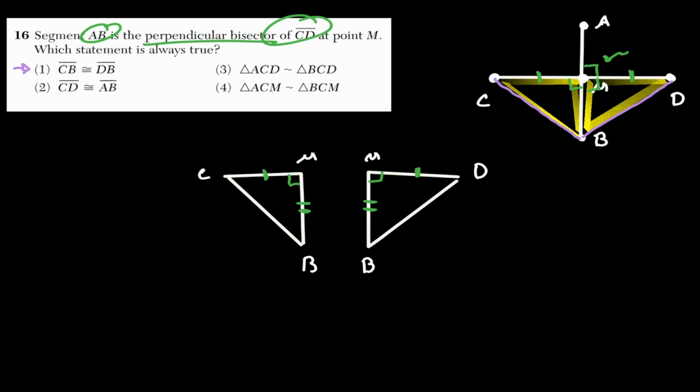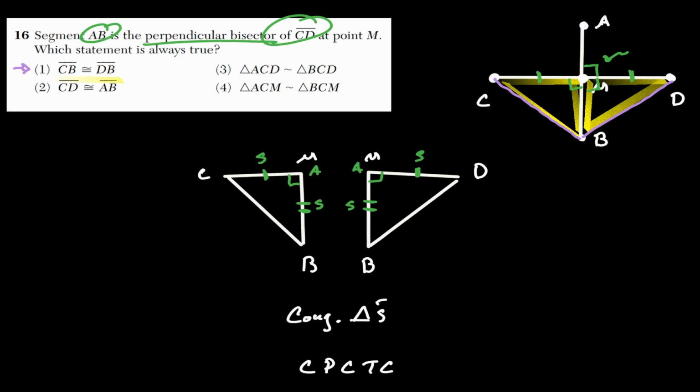And when we have this scenario, we can claim that these two triangles are congruent to each other. We have side, angle, side on the left and side, angle, side on the right. So here we have two congruent triangles. Then by CPCTC, corresponding parts are congruent.